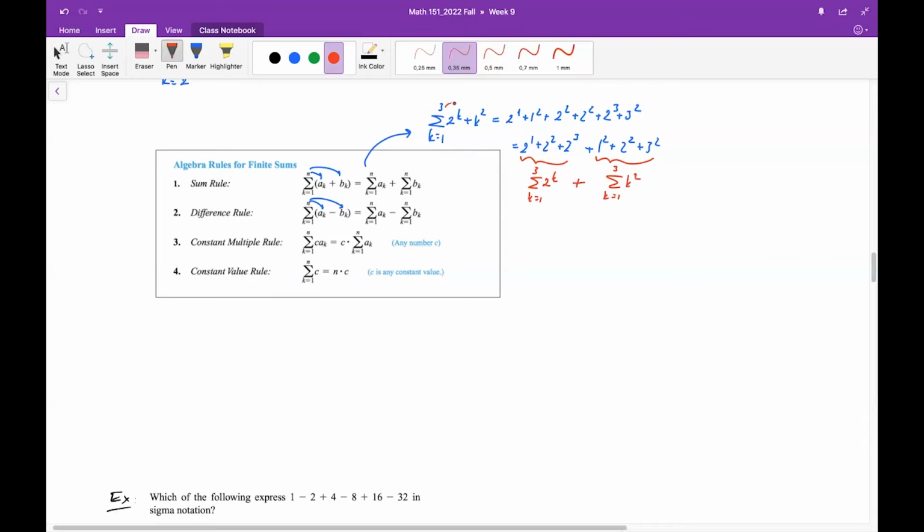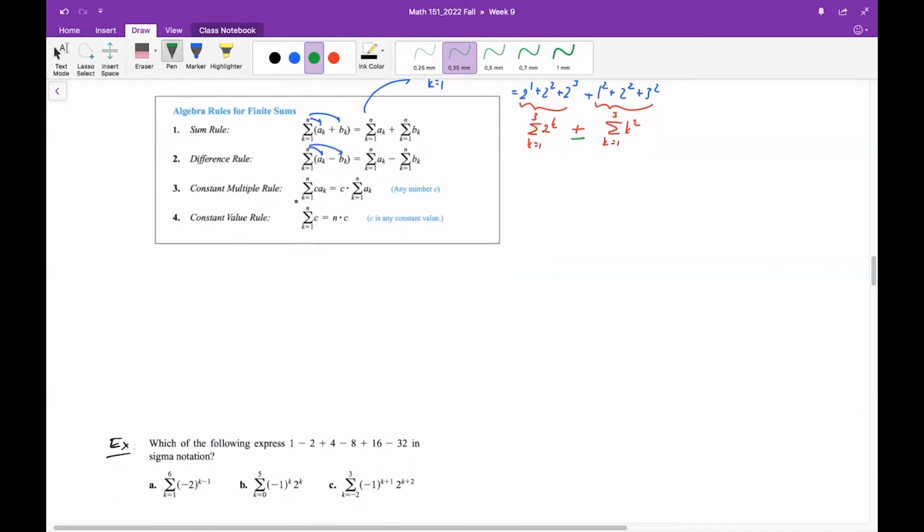So you see, we just distributed the sigma notation over these two. You can do the same for subtraction, then the notation will have a minus. I can also give an example for this.